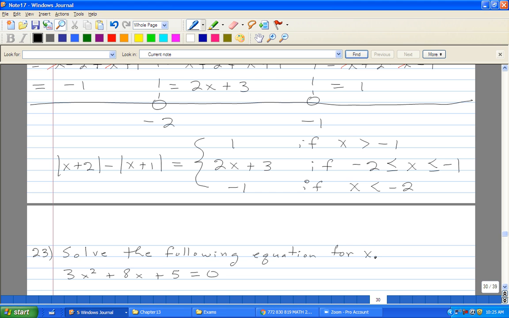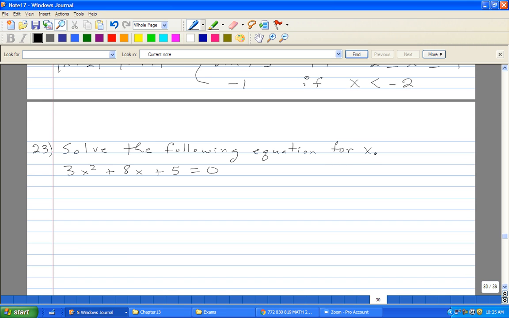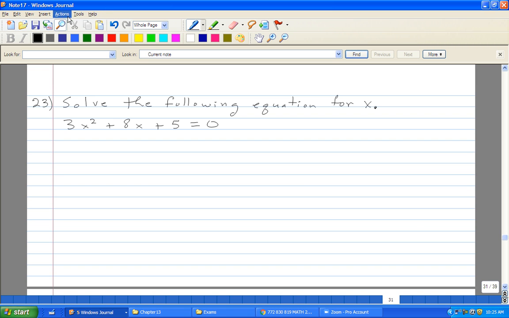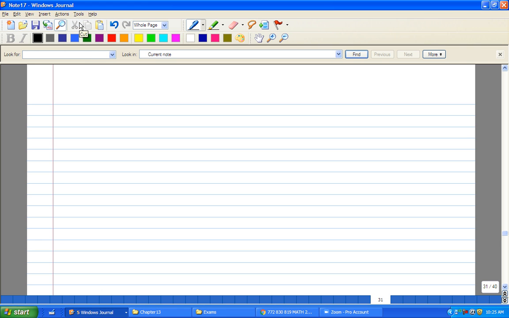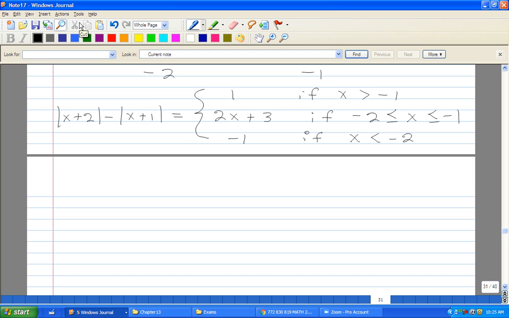Okay, so let me give some extra room here for this last part. So absolute x plus 2 minus absolute x plus 1 being less than or equal to 0.